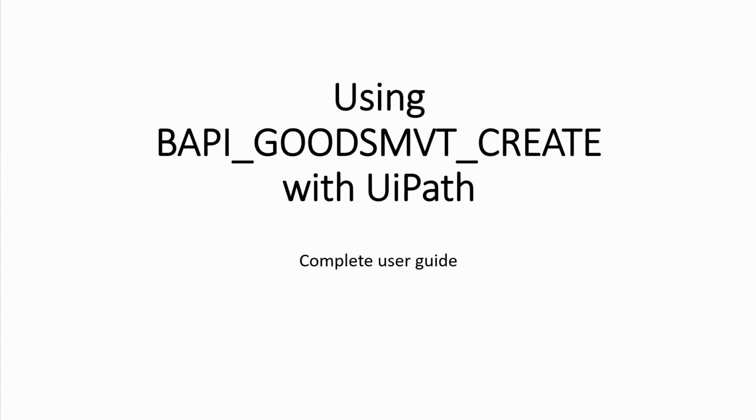They are the primary method through which third-party applications interact with SAP, and a BAPI wraps the internal layers of SAP's business object model to ensure that all business logic, validations, and authorization checks are executed properly when accessing or changing these objects. So let's go through the user guide of running the BAPI goods movement create with UiPath just after this short announcement.